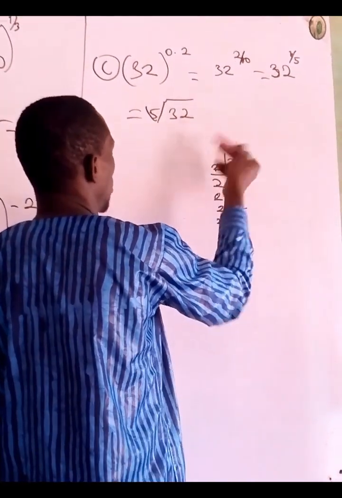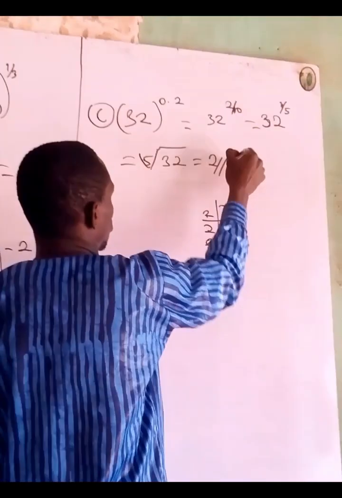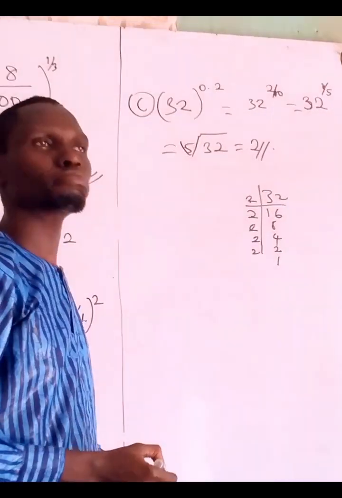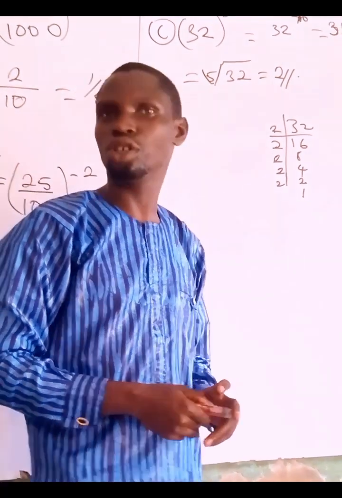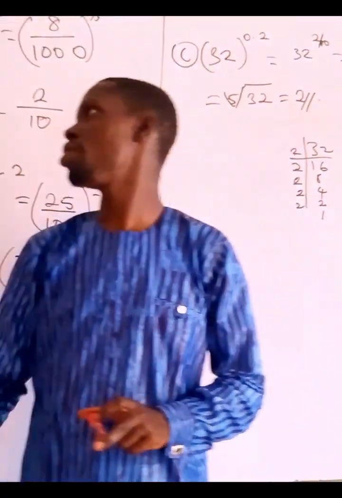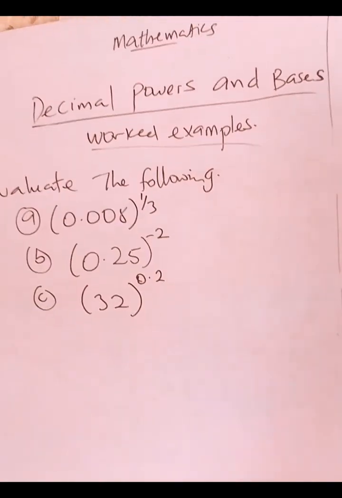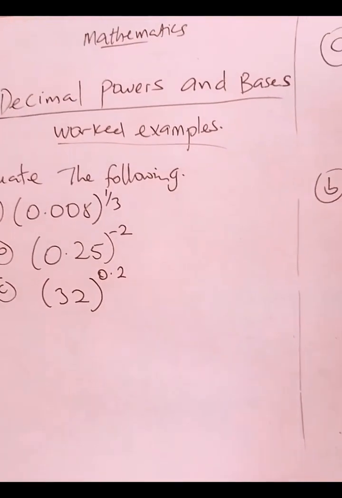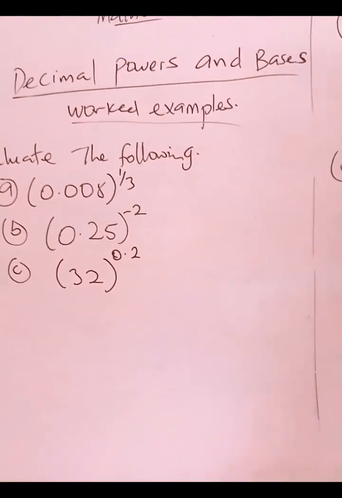That is 1, 2, 3, 4, 5. So the fifth root of 32 is 2. If this is well understood, then I think we have done justice to solving indices with decimal power and bases.